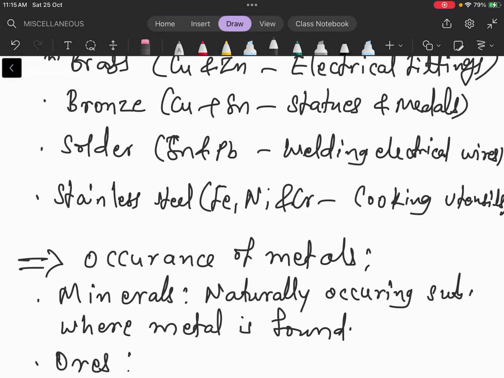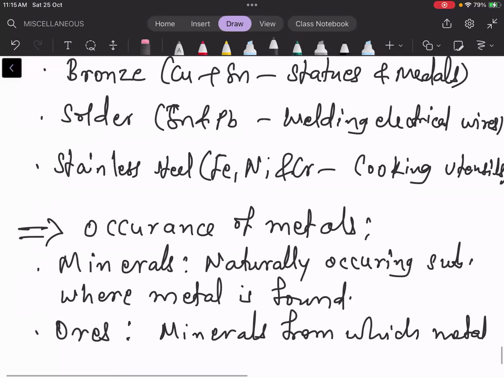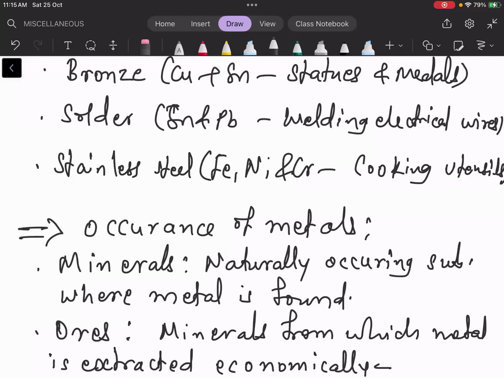Ores are minerals from which metal is extracted economically and profitably.